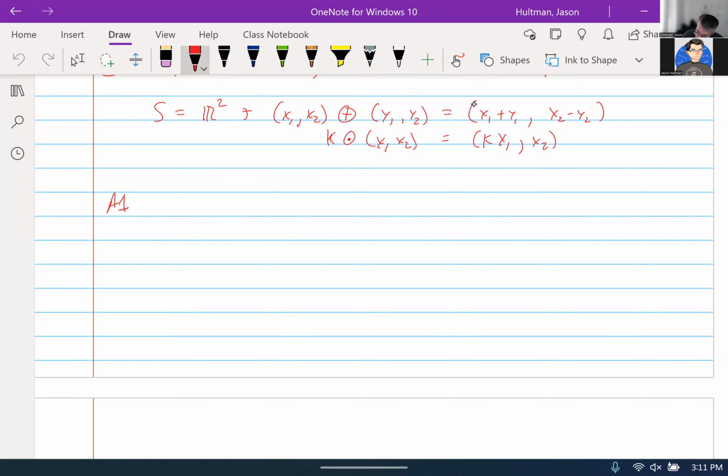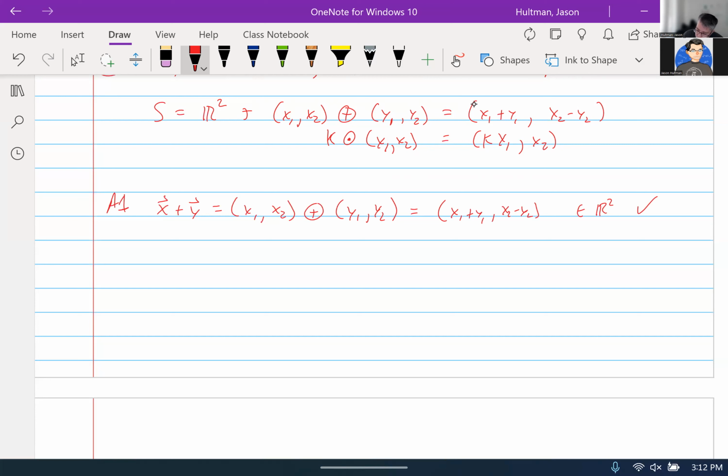When we add, x plus y is equal to x1, x2 plus y1, y2, which is equal to x1 plus y1, x2 minus y2, and that is an element of R2, so it is closed under the addition.